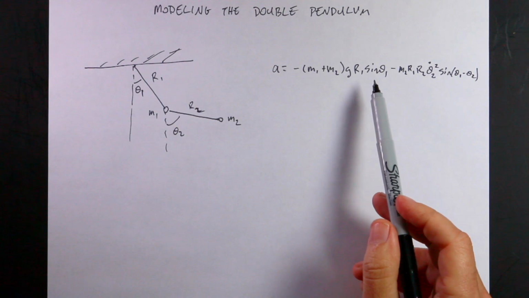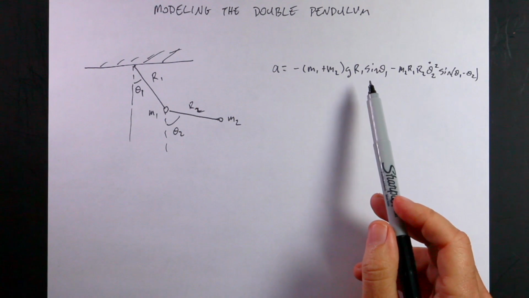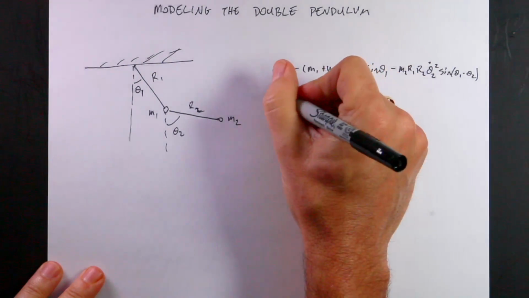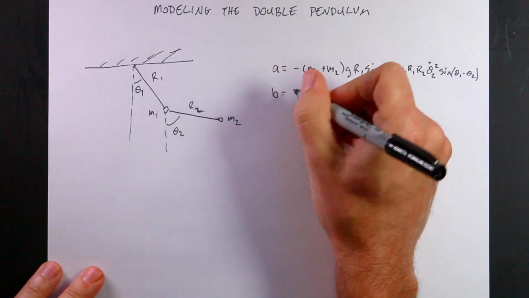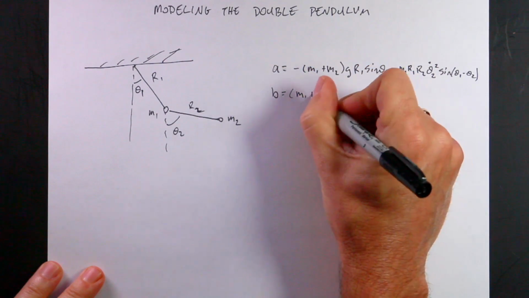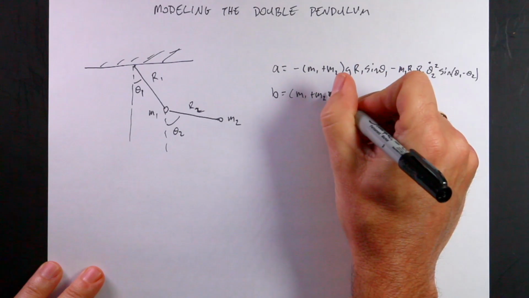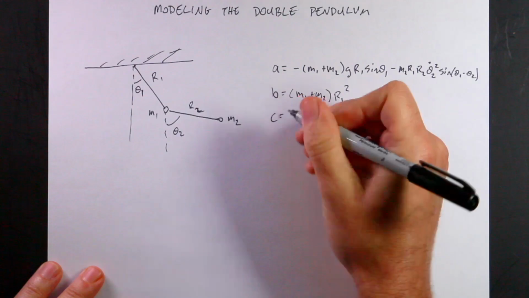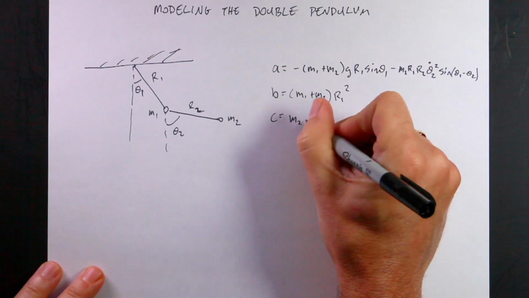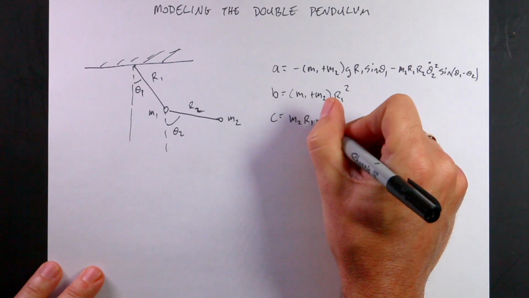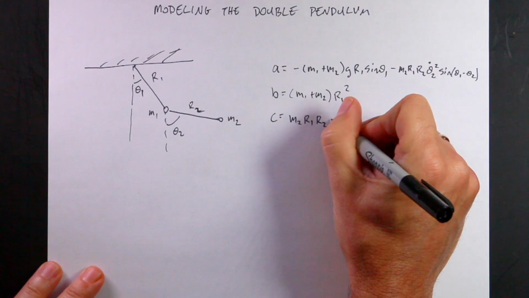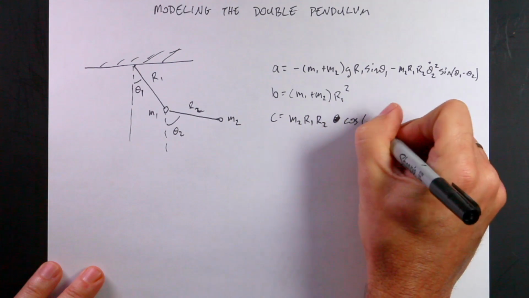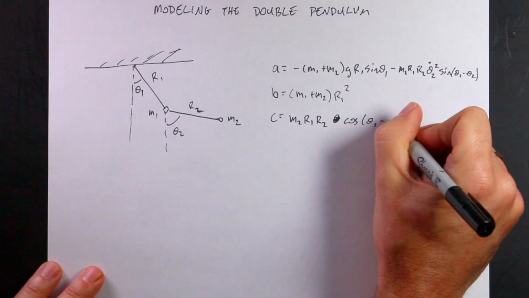That's fine. But it doesn't have theta 2 double dot in it either. Okay. And then I'm going to say B is equal to (M1 plus M2) R1 squared. And C is equal to M2 R1 R2 cosine(theta 1 minus theta 2).